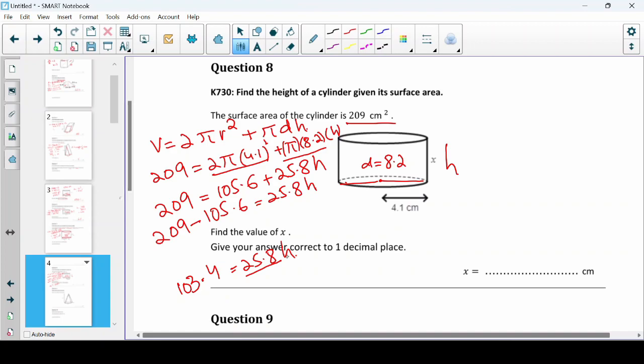H is equal to 103.4 divided by 25.8, and this gives us 4.00, and we can just write 4.0.